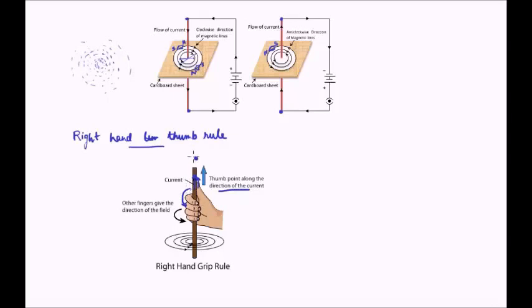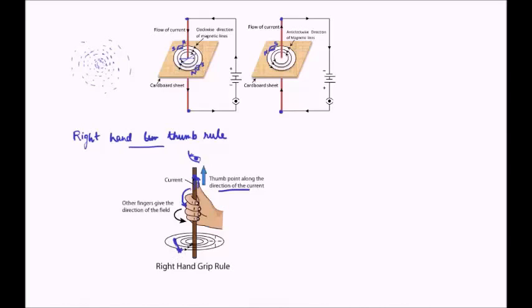If you observe from top, you see the direction of fingers being curled is anti-clockwise. Therefore, at any point, let's suppose this point, what will be the direction of the magnetic field? The direction of the magnetic field will be in this direction, that is tangential to the concentric circle here.